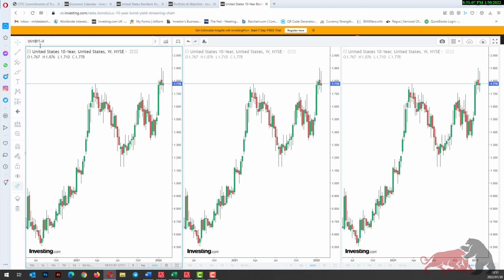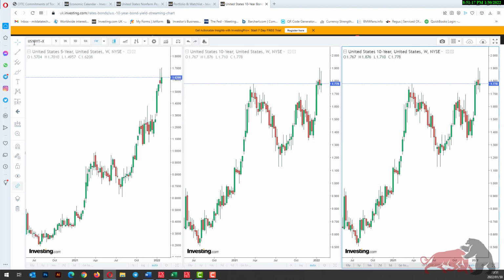So I've just put my long-term interest rates here, the 5-year, the 10-year, and the 30-year yield note. We just want to see whether they are all in agreement in their price action.